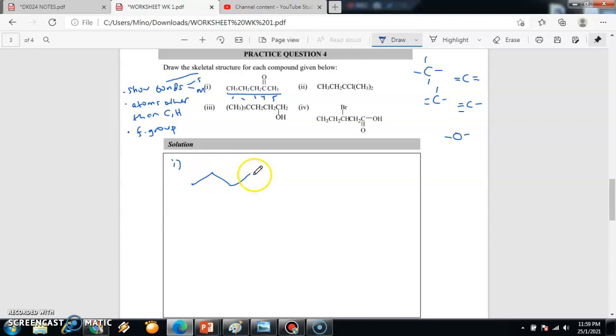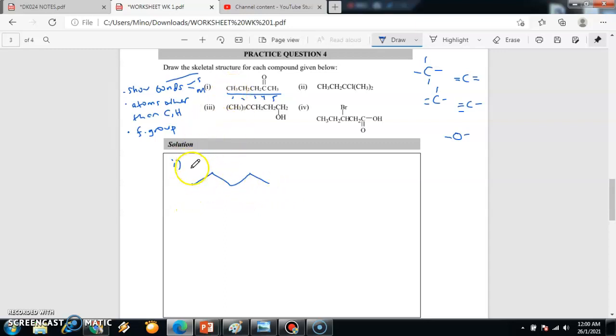So 1, 2, 3, 4. Last one, carbon yang kelima. So kita tarik, kita stop. Ini our last stop, which represents the 5th carbon. So kita ada total 1, 2, 3, 4, 5. All the carbon and hydrogen are not shown. Carbon kita tak tunjuk, kita hanya tunjuk dia punya bond.